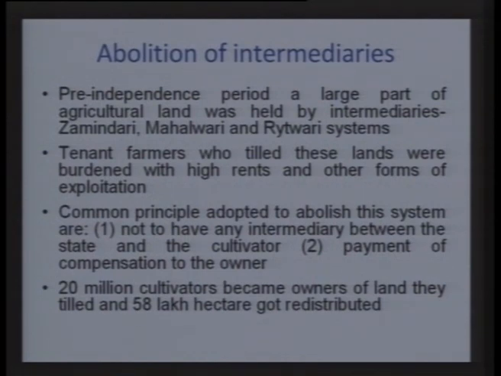In order to overcome this, an act was passed to abolish the intermediaries, and the common principle adopted was to have no intermediary between the government and the tenant or the cultivator, and the payment of compensation to the owner. These were the two methods adopted to abolish the intermediaries, and 20 million cultivators became owners as a result of this act.